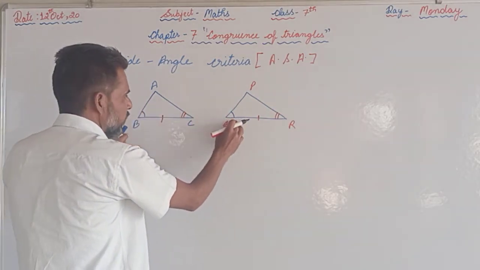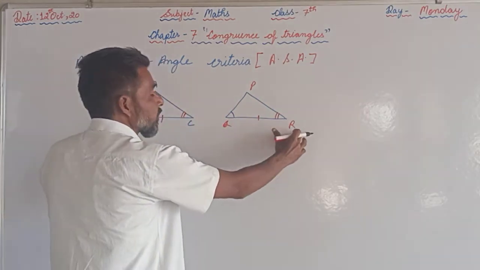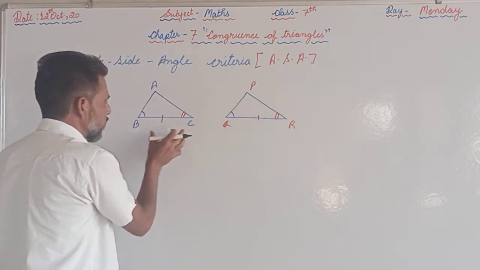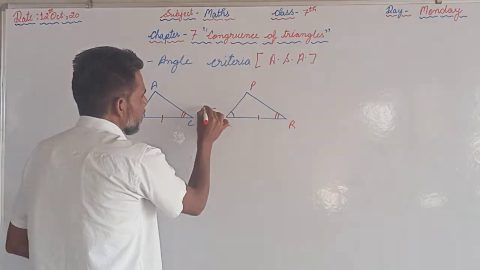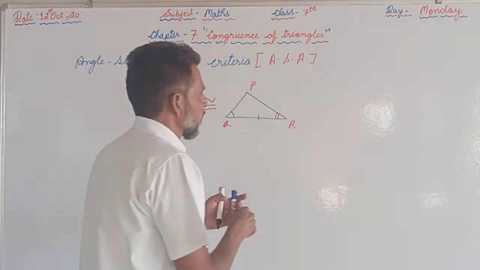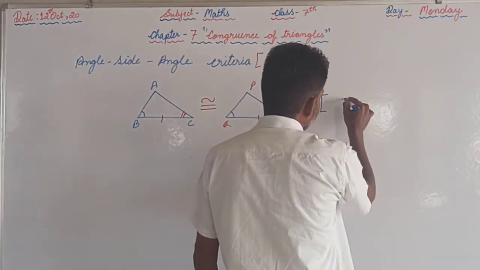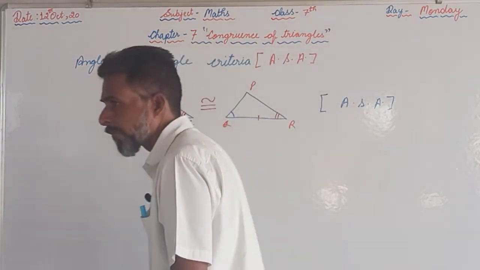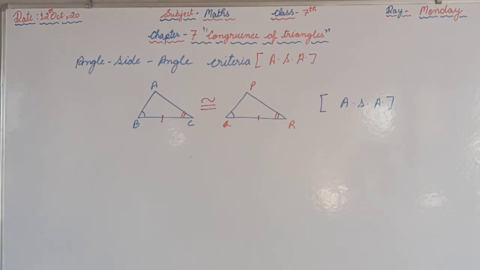Angle B is equal to angle Q, angle C is equal to angle R, and the side between these two angles, QR equal to BC, then we can say the triangles are congruent by the criteria angle, side, angle. So this was the third criteria.